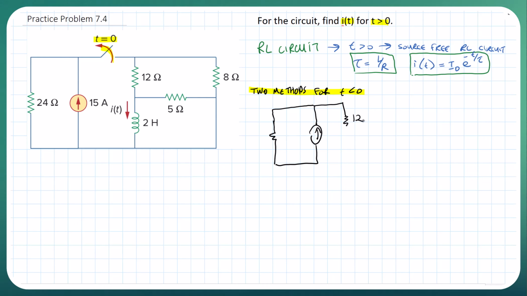Now for this to be closed for a period of time, the inductor here is going to act like a short circuit. So when this is closed, the inductor is going to be a short circuit.